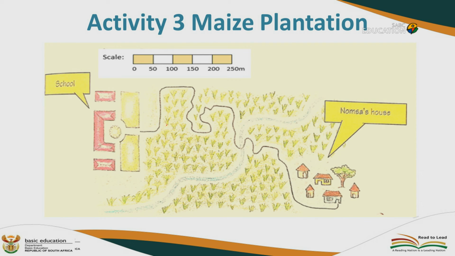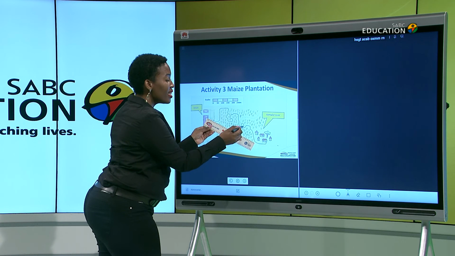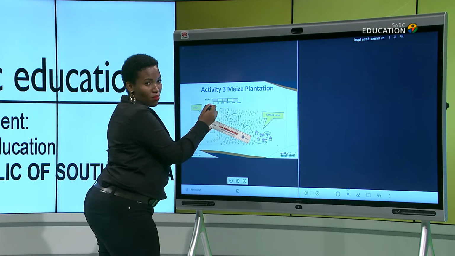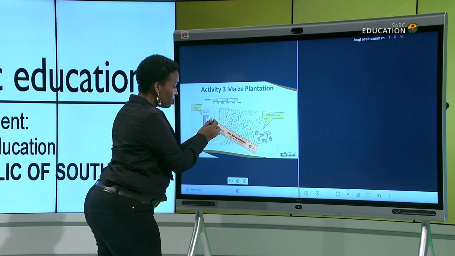So I'm going to use where the route ends or starts as my starting point, and then this line as my finishing point. When you calculate the distance as the crow flies, you are assuming that Nomsa is traveling on a straight line from school to home. You don't consider that there's actually a route that she must follow. We will assume that she travels on a straight line from school to home.